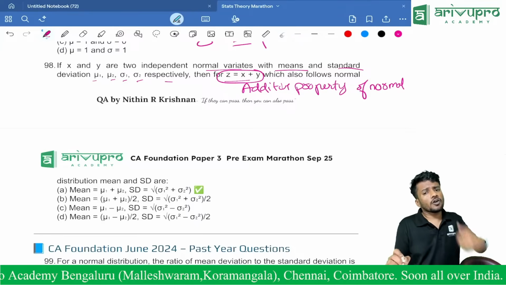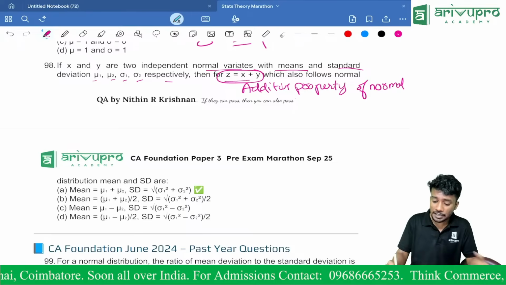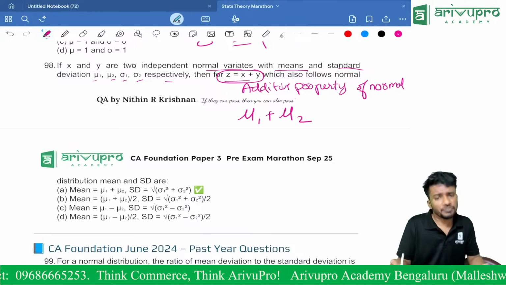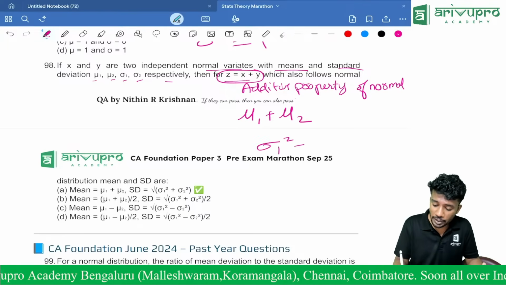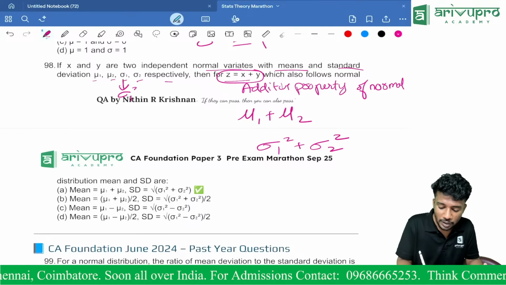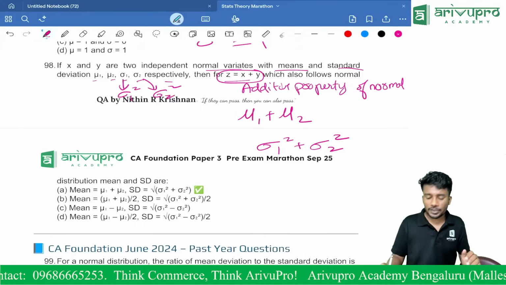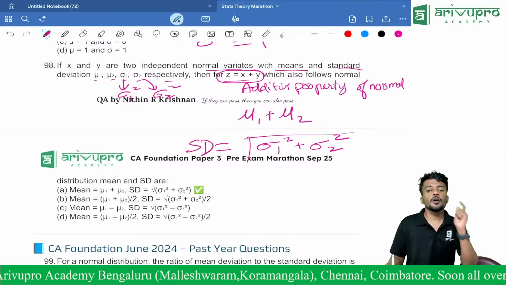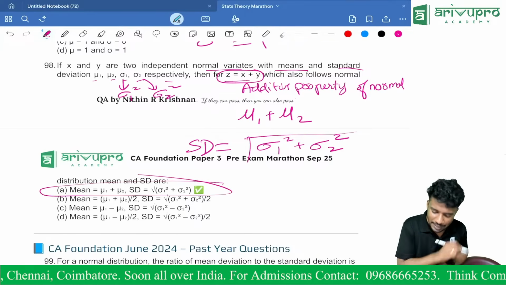When two normal variables are added, their mean will become mu1 plus mu2. Variance will also get added: sigma 1 square plus sigma 2 square. Sigma 1 is standard deviation, then sigma 1 square is variance, sigma 2 square is variance. That will also get added. Then we should take the root, so standard deviation will be root of sigma 1 square plus sigma 2 square. So option A is your answer.